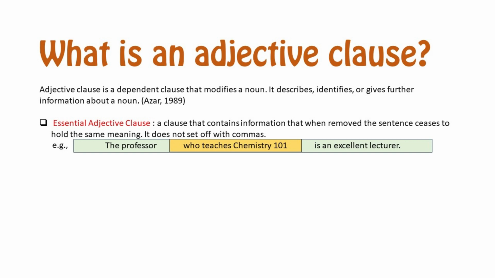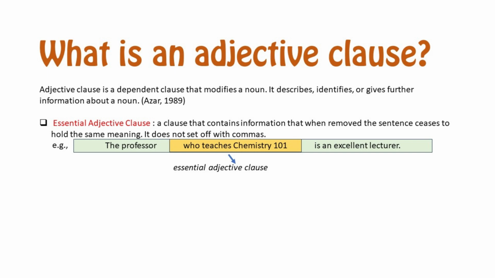Who teaches chemistry 101 describes the professor, because we don't know which professor. So we need information to identify which professor. So it is called an essential adjective clause. An essential adjective clause is not set off with commas.